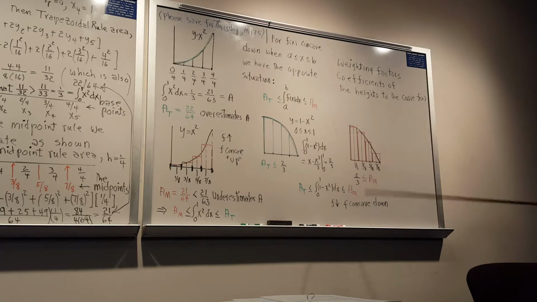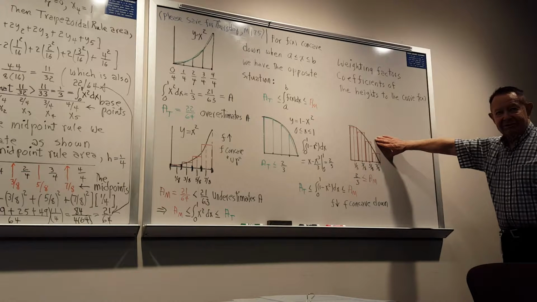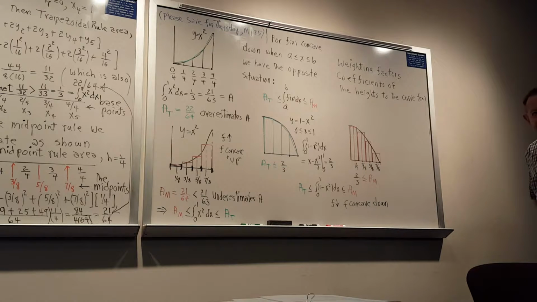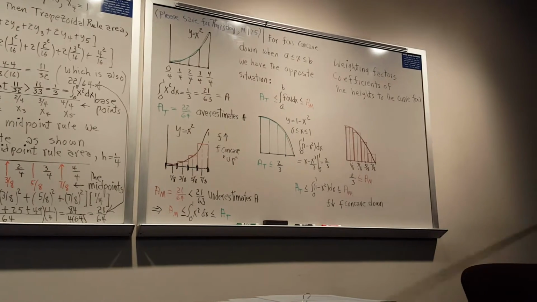Well, it isn't clear just looking at my picture whether this thing is too big or too small or right on, but it would actually turn out to be a little bit on the big side, if you were to grind through the numbers. So you can't say for all cases either that the trapezoidal rule is low and the midpoint is high, or the other way around. It depends on the situation that you have.